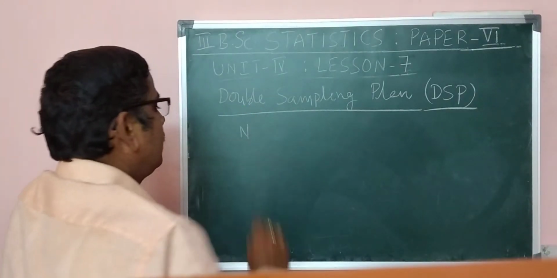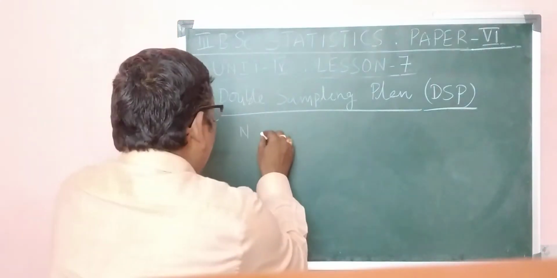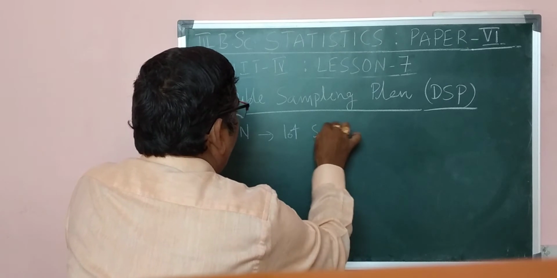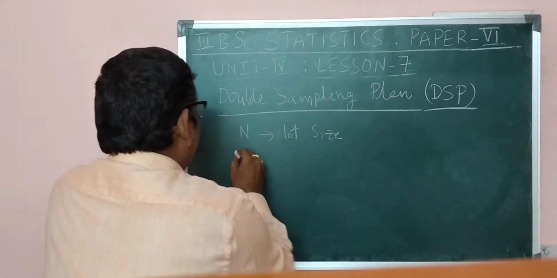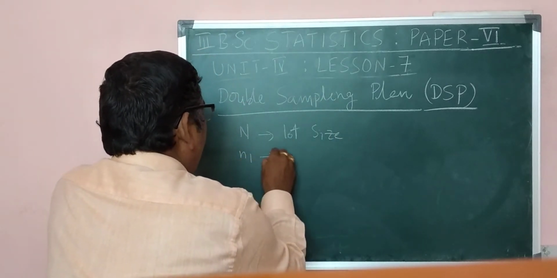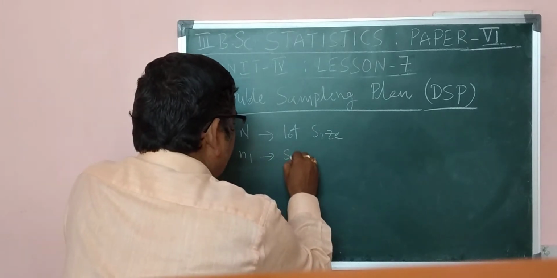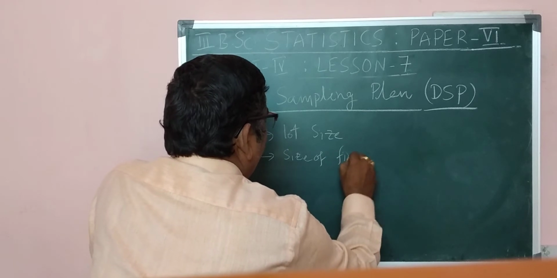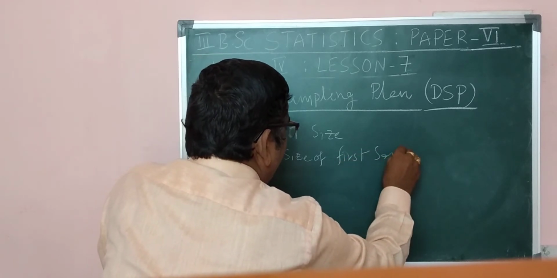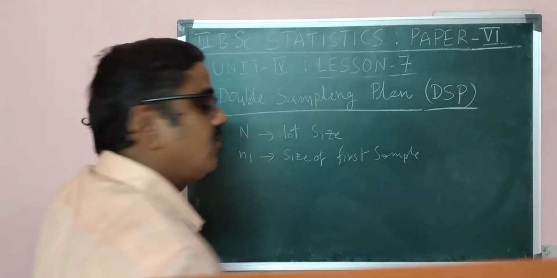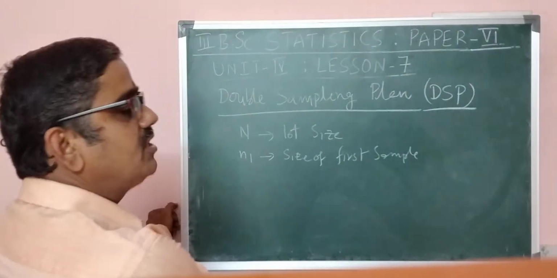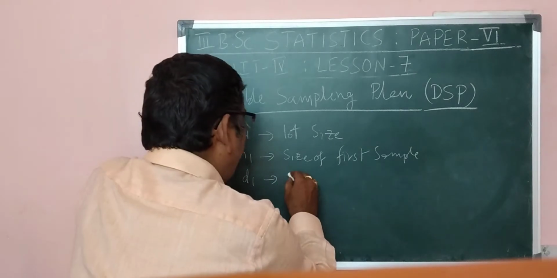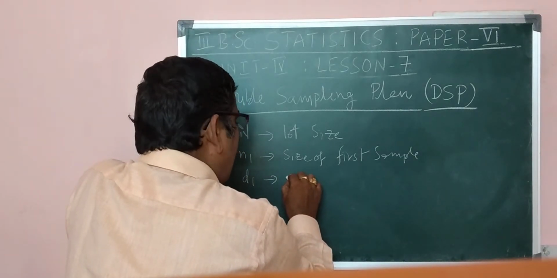Capital N, the lot size. For example, you consider N1, the size of the first sample, out of which D1 is the number of defectives found in the first sample.